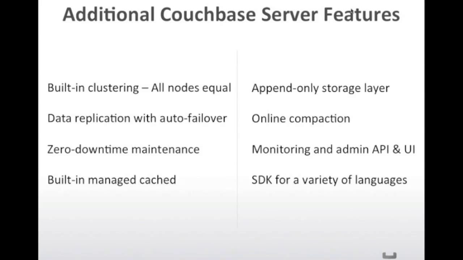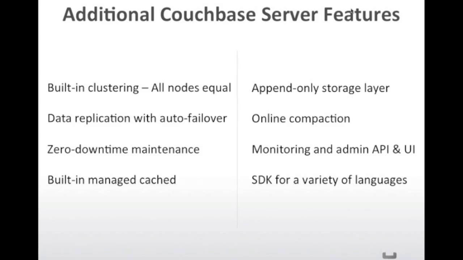Before I drill down into the specific feature for our webinar today, I just wanted to share some additional high-level features that Couchbase Server provides. We provide built-in clustering where all nodes are equal, so you don't have a special node. I come from a Hadoop background earlier, and Hadoop has this name node, which is sort of like a golden node, and it can go down.